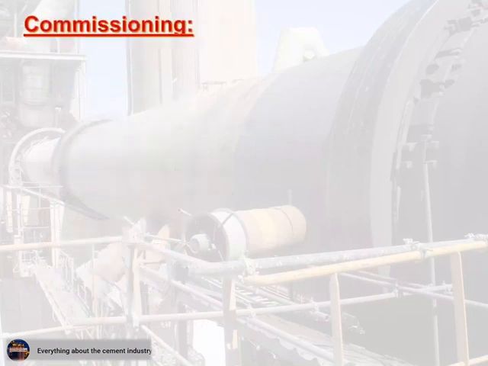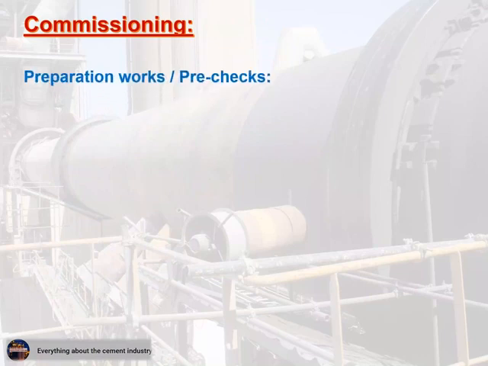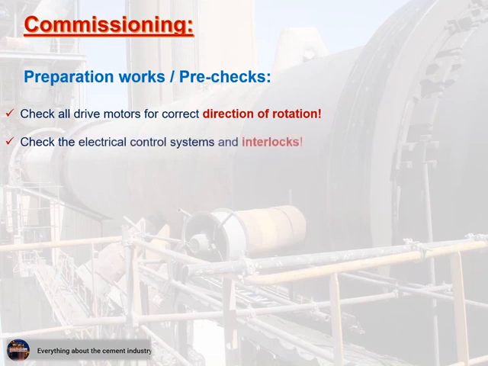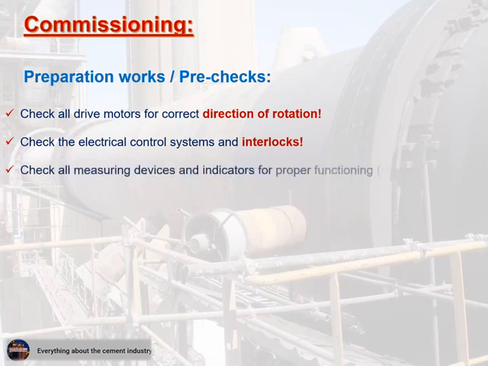Commissioning. Preparation works and pre-checks. 1. Check all drive motors for correct direction of rotation. 2. Check the electrical control systems and interlocks. 3. Check all measuring devices and indicators for proper functioning, signal check. 4.